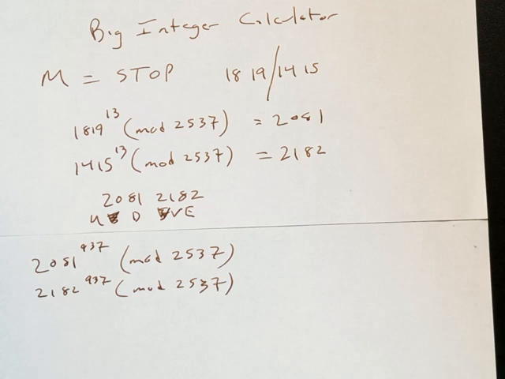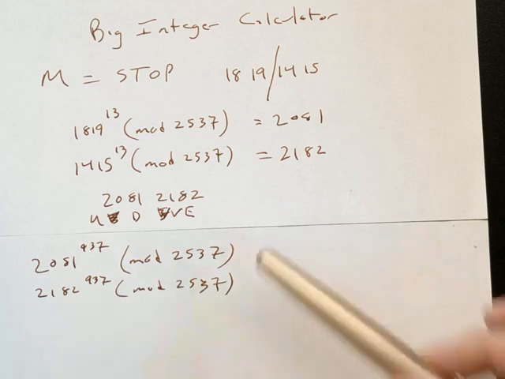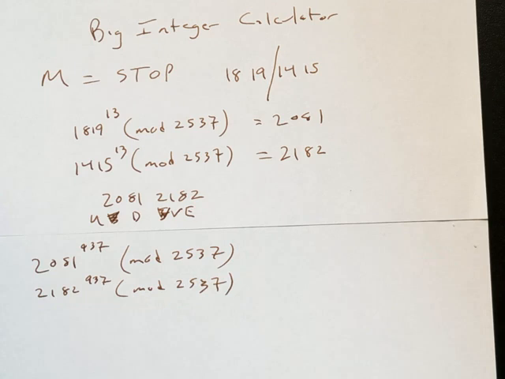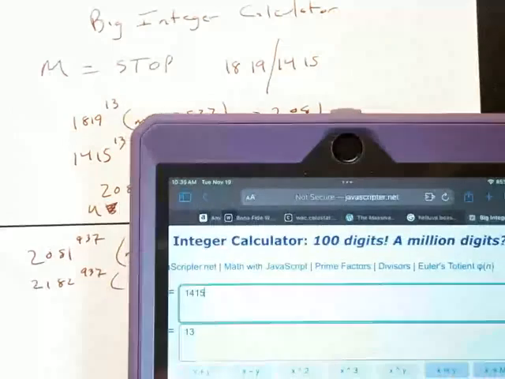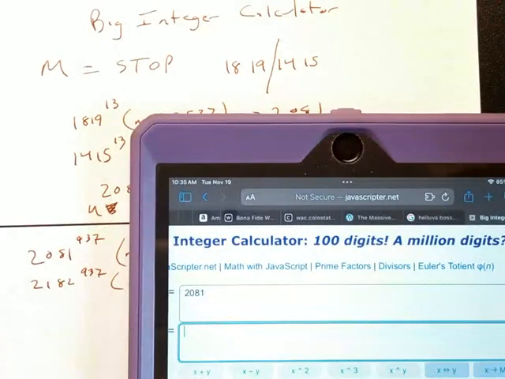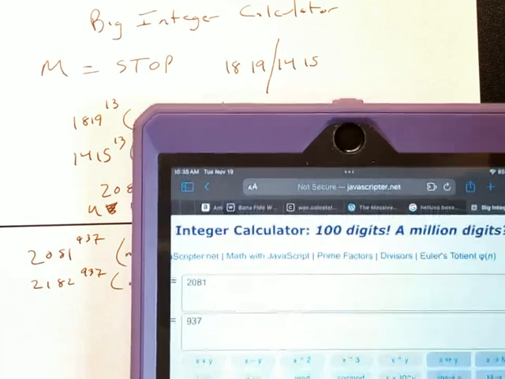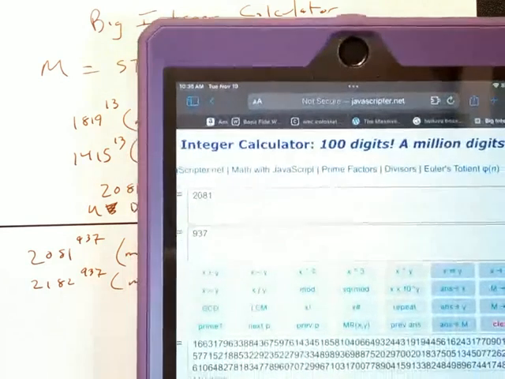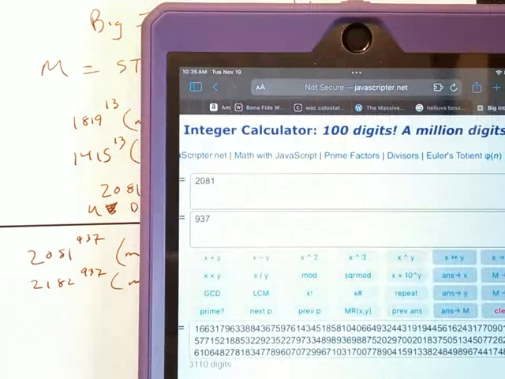If this first result isn't 1819, I have a problem. 2081 raised to the 937th power, by the way, is 3,100 digits long. Put that in X and mod it by, oops, damn, wrong button.